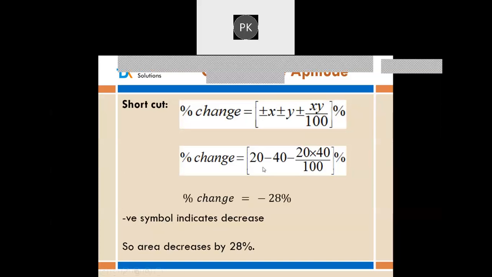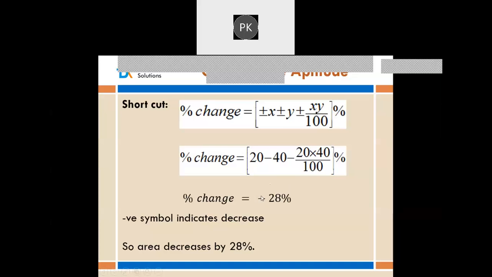Now let us substitute. First, length is increasing by 20 percentage, that means x is plus 20. Breadth is decreasing by 40, that is minus 40. Plus into minus is minus, the product of these two divided by 100, 20 into 40 by 100, you'll get minus 28 percentage.